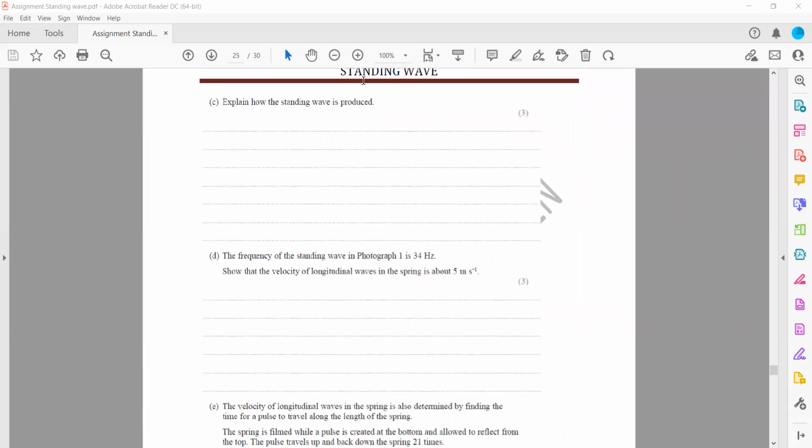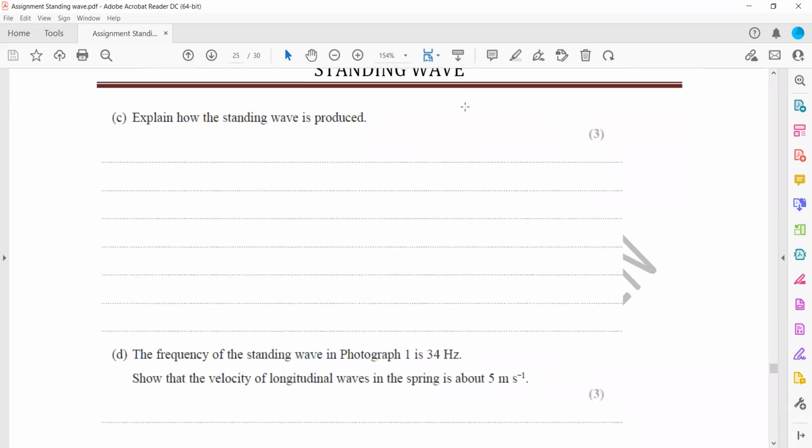How are standing waves produced? Again, this is a very common question. Two progressive waves traveling in opposite directions meet, superimpose or interfere with each other, and give rise to a standing wave.